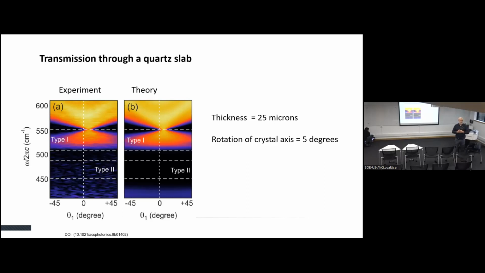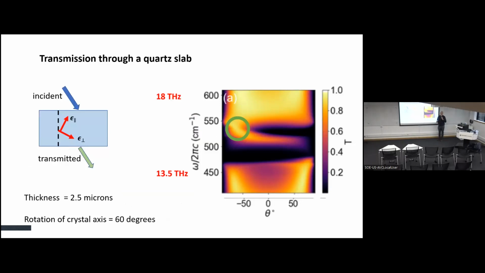Any other questions? Yeah. So do I understand right that effectively you choose the resonance by changing the thickness of it? We're really changing, if you look, what we're changing is the angle at which it transmits or fails to transmit, right?